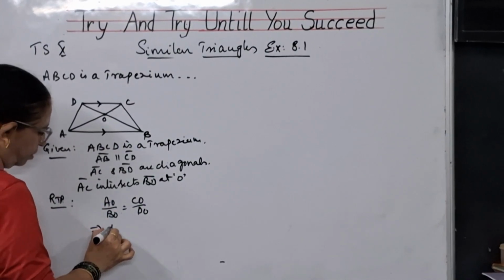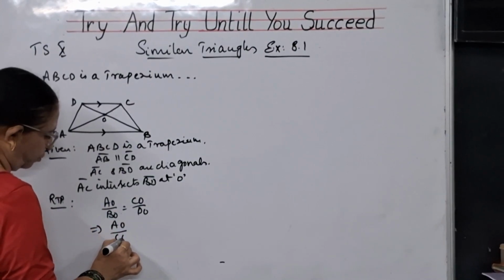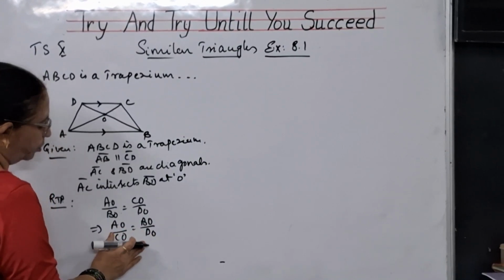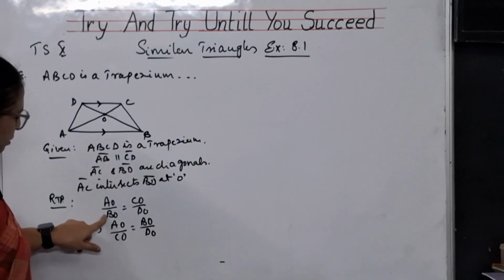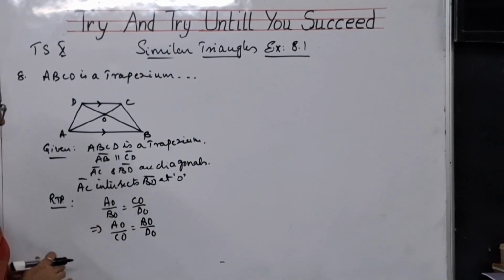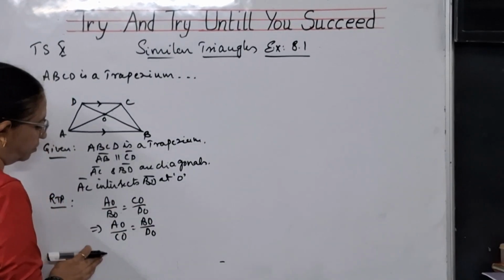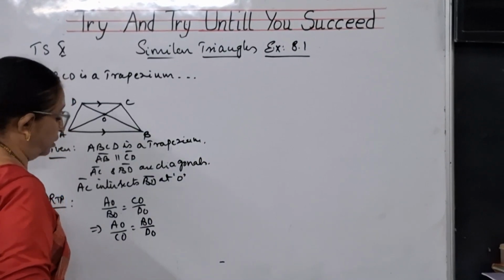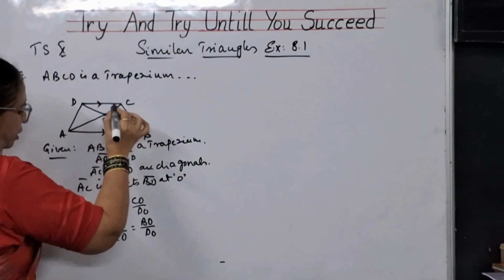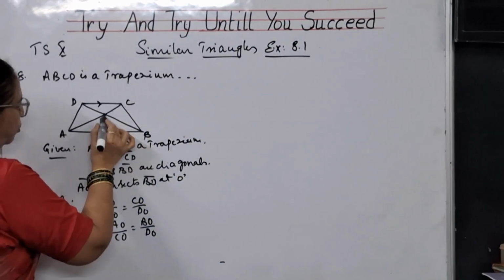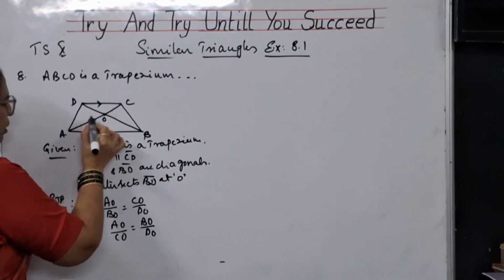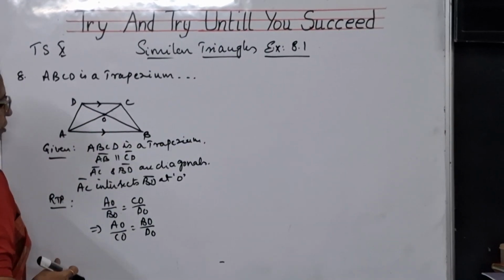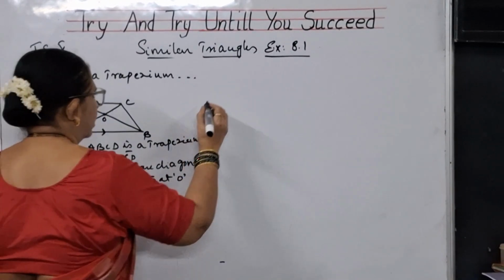This implies AO by CO is equal to BO by DO. This proof is possible for us. What did I do? I sent BO there, CO here, because when you write this in this way, you will understand what are the sides of the triangle that we need to take. We have to prove AO by OC, BO by OD are equal. Now there is a construction.